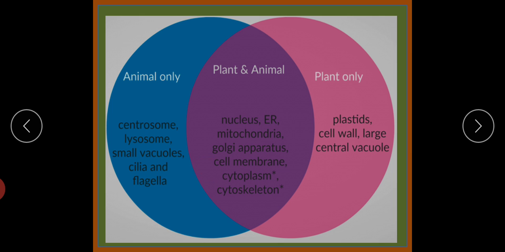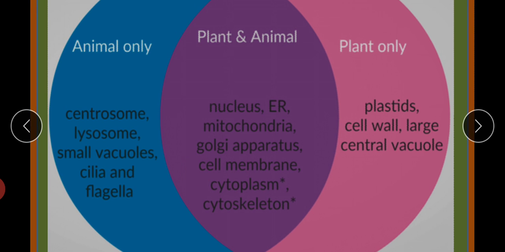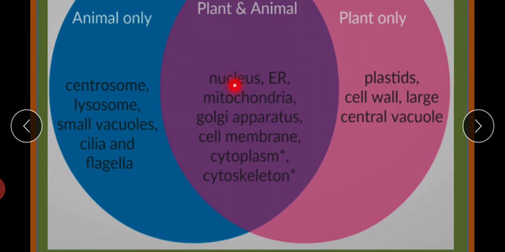So let us see which are present in both. Nucleus is there. ER, endoplasmic reticulum, is there in both the cells. Mitochondria is present in both. Then Golgi apparatus is also there in both. Cell membrane is also present in both plant and animal cells. Cytoplasm and the cytoskeleton.